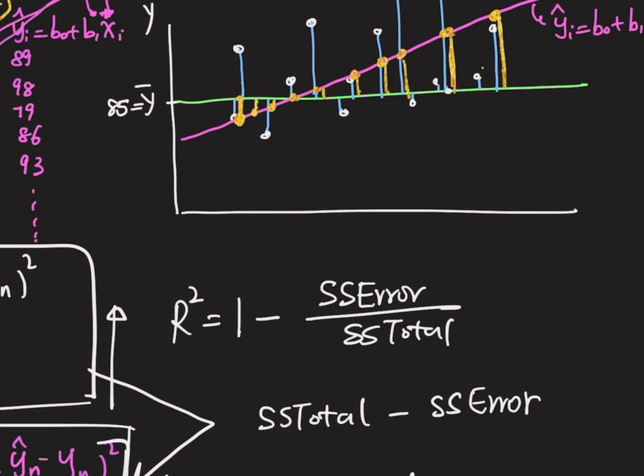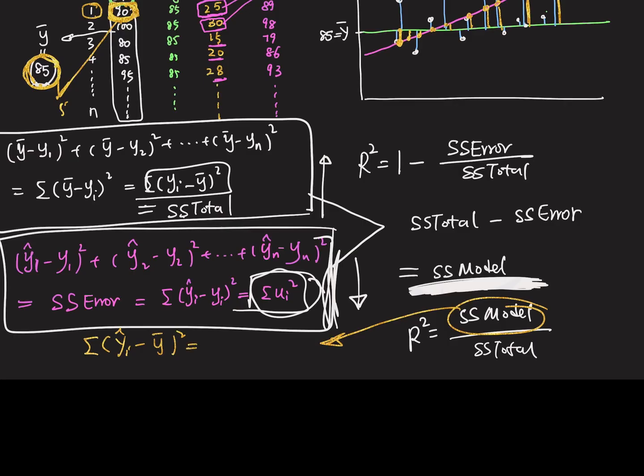You see, this is less dispersed, right? This is sum square model, which is definitely less than sum square total. So this is a fraction which is less than or equal to 1 if all the points line up on the same line.